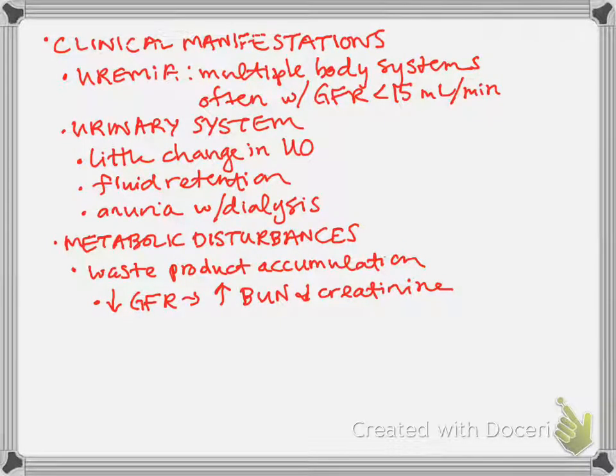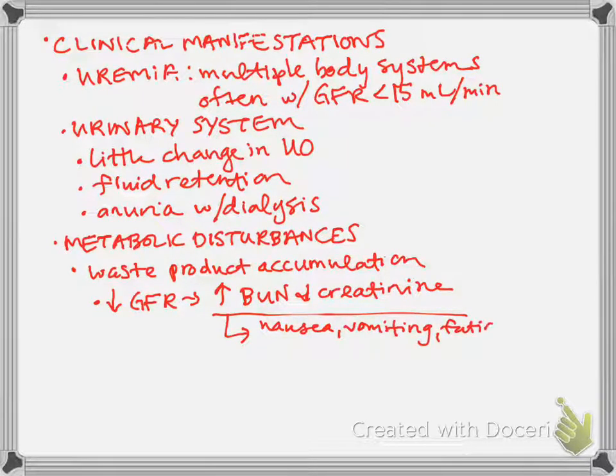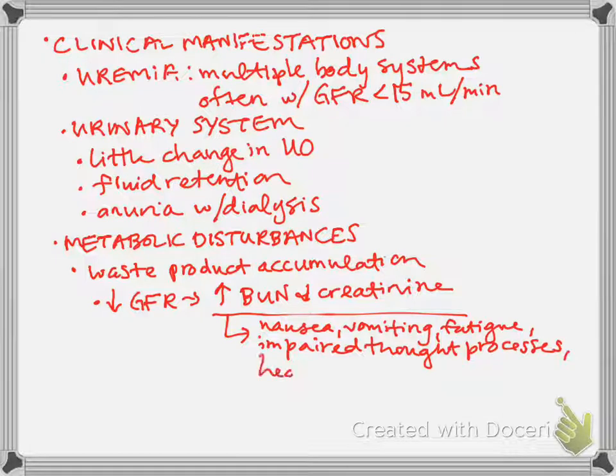Remember, there are multiple reasons for an increase in BUN, but creatinine is pretty constant when it comes to endogenous muscle breakdown. The results of these being elevated are manifested as nausea, vomiting, fatigue, impaired thought processes, and headache. So these would be those symptoms as multiple body systems that you would see uremic complications in.